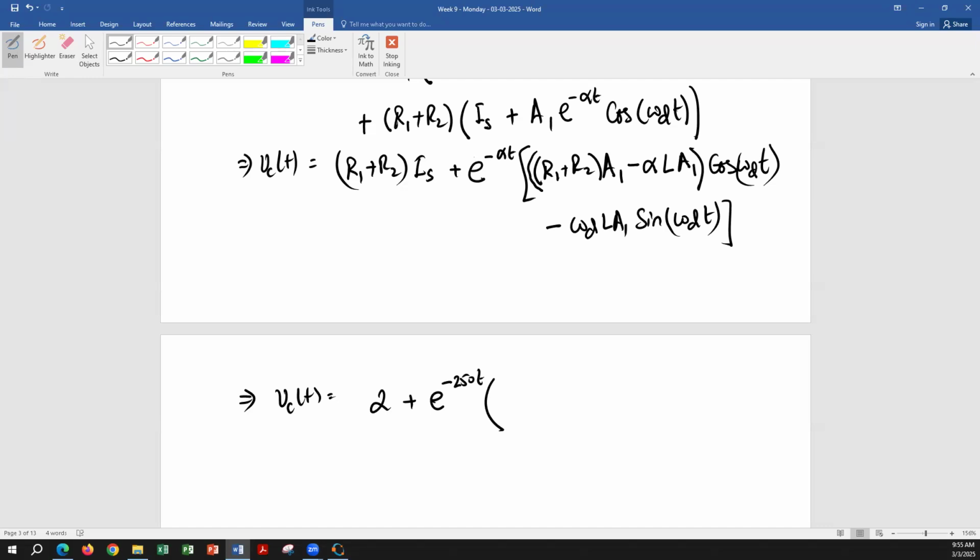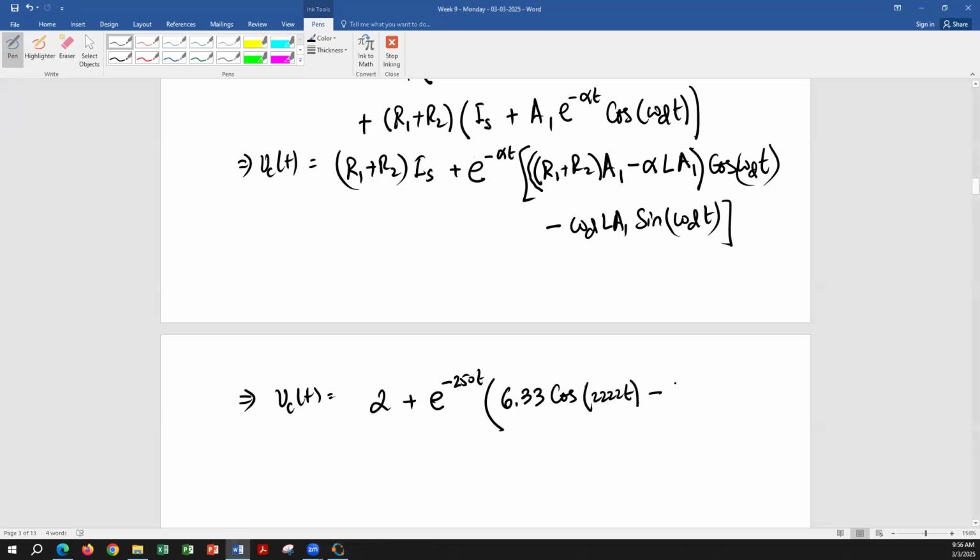R1 plus R2 times A1. R1 plus R2 times A1 minus alpha times L times A1. That's 6.33. 6.33 cosine 22T and then minus omega D times L times A1.